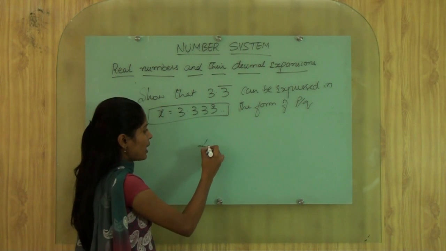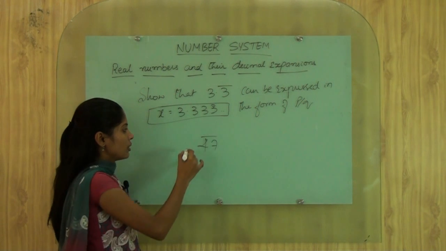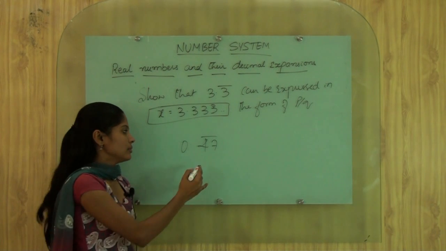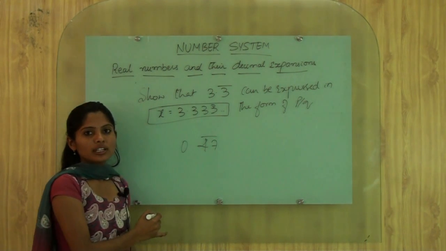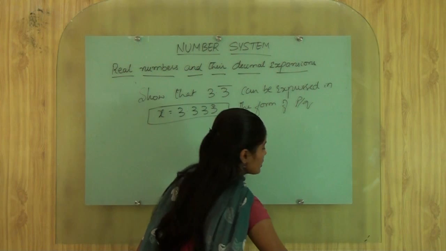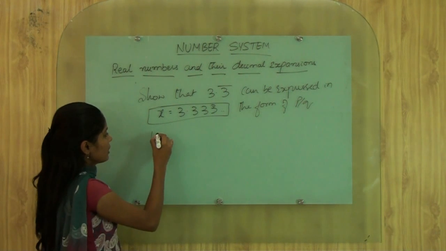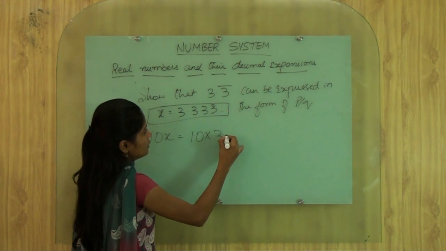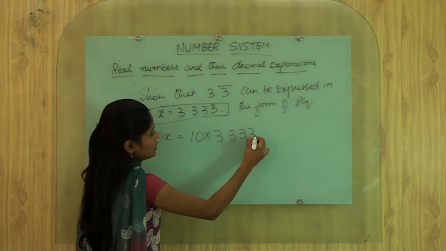If you have 0.47 bar, then you have to multiply by 100 because you have two recurring digits. Multiply with 10 on both sides. 10x is equal to 10 into 3.333 and so on.